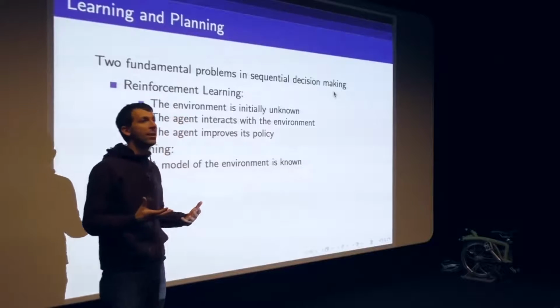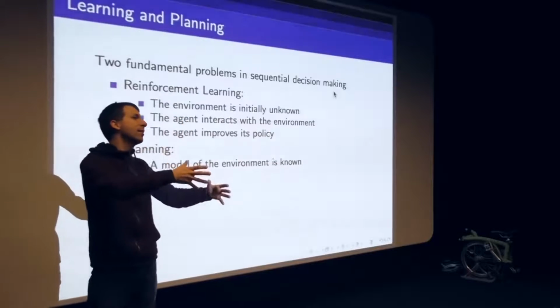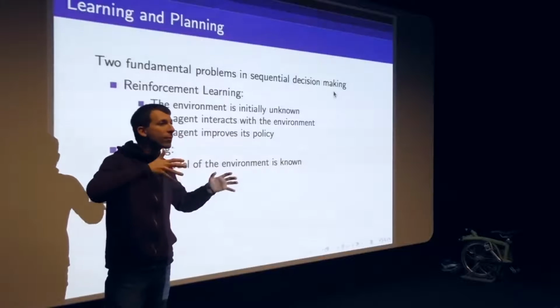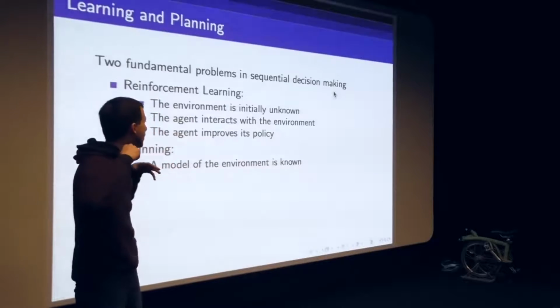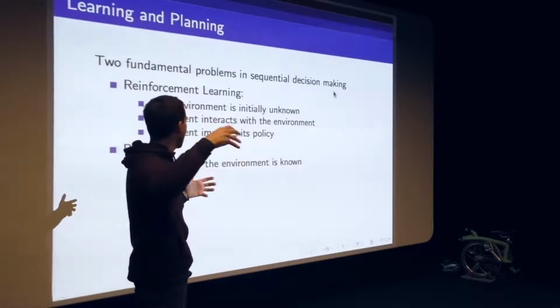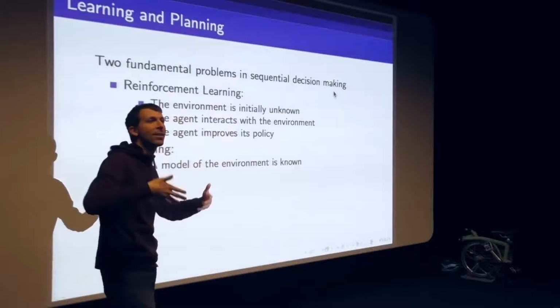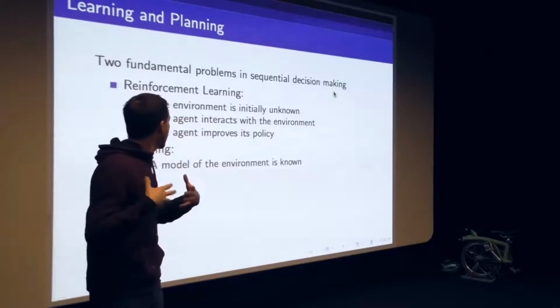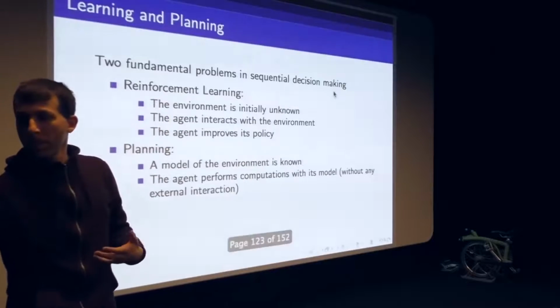In the planning problem, we say, this is exactly the environment that you're working within. We tell it all the rules of the game, if you like. We tell it the details of the dynamics of the wind for the helicopter and how helicopters move. We give it the differential equations describing wind and so forth. So the model of the environment is fully known.